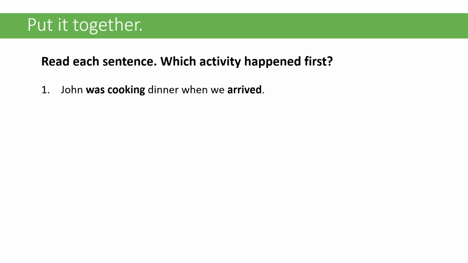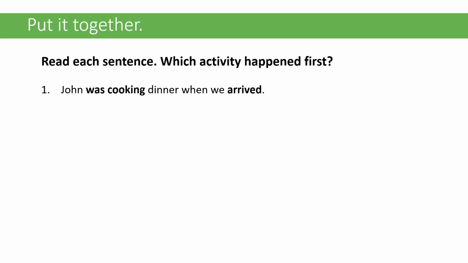So read each sentence. Which activity happened first? When we're doing this, there's actually a very simple way of getting the right answer. Remember that the past progressive is an action that was in progress. When we say that it was in progress, we mean that it started before and ended after.